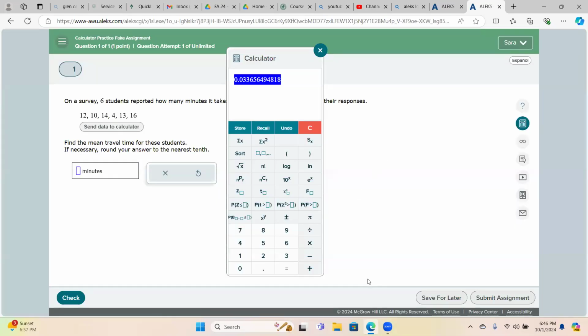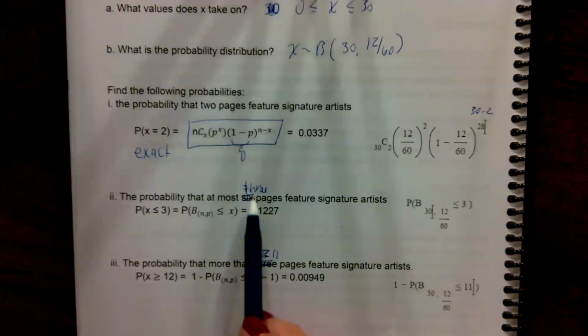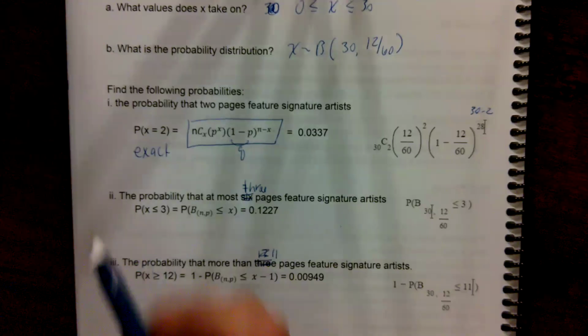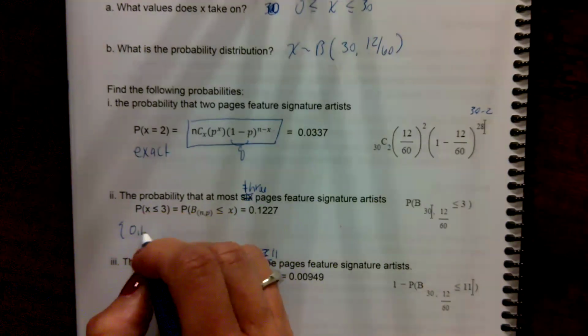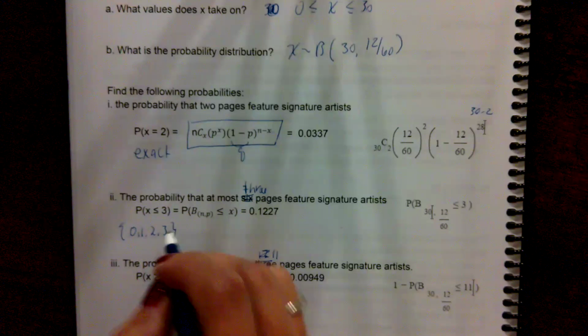Let me go back to my document here. This should say the probability that at most 3 pages, because at most 3 would be 0, 1, 2, or 3. X is less than or equal to 3. So 0, 1, 2, or 3. And so we're going to use this.